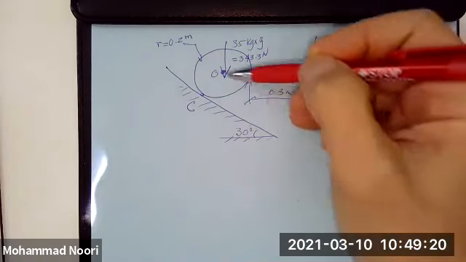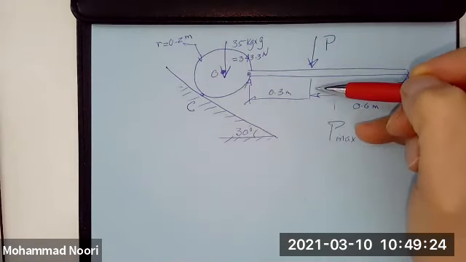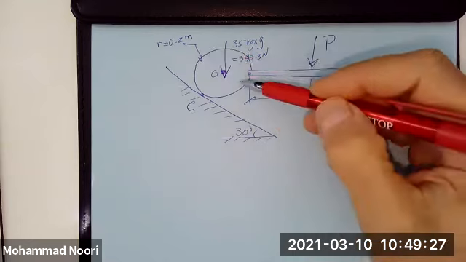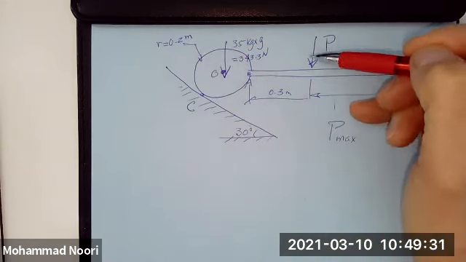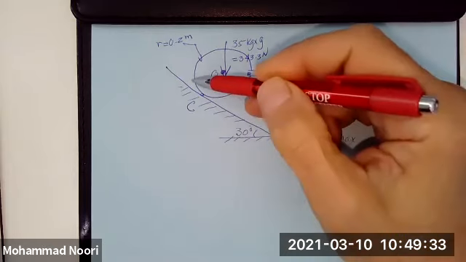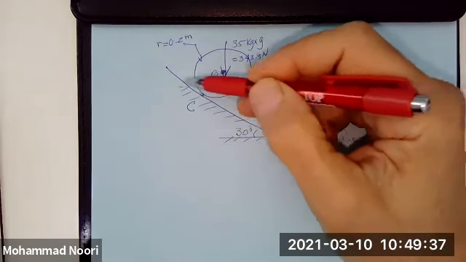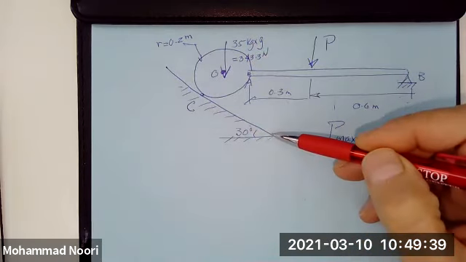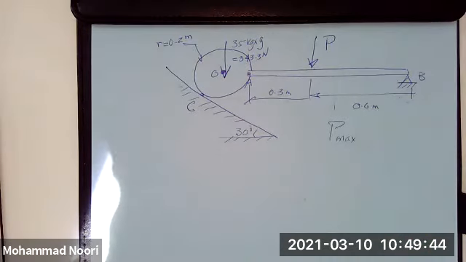You should be able to visualize this problem. You have a load acting on this beam. This beam is pinned to this disc, but you want this load to be such that no motion takes place between this disc and this surface. The maximum load that this beam can carry.